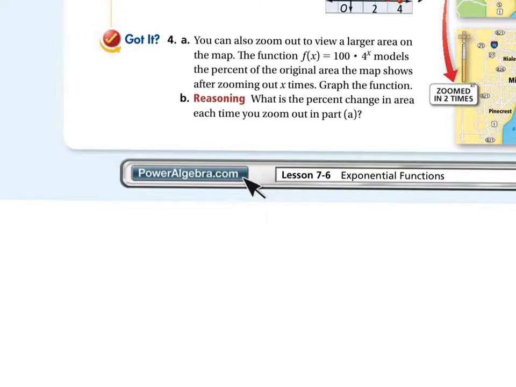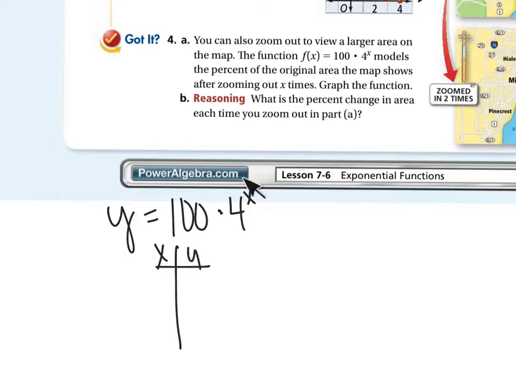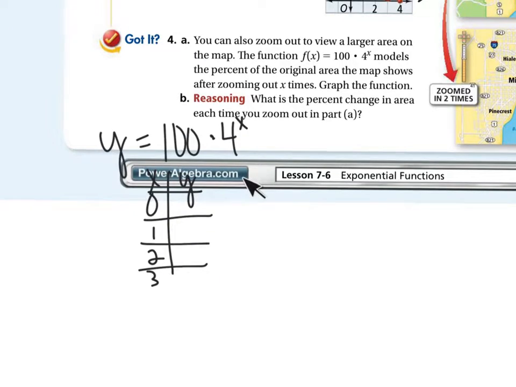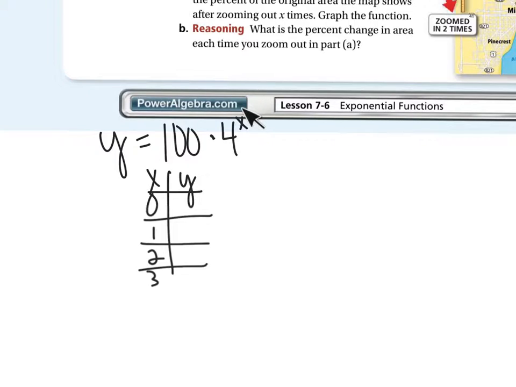So one difference on this, if this is our function, we talked about using -2, -1, 0, 1, and 2. What's the least number of times we can zoom out? 0. Okay, we cannot zoom out a negative number of times. So we got to start with 0 here, okay? So we start with 0, 1, 2. We can go 0 up to 4 if you want, okay?